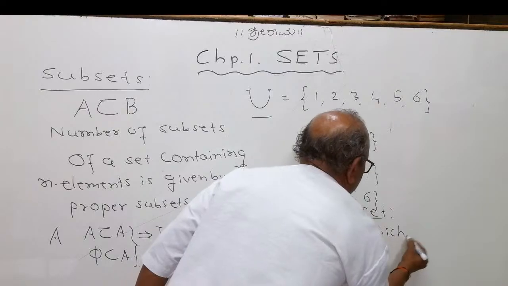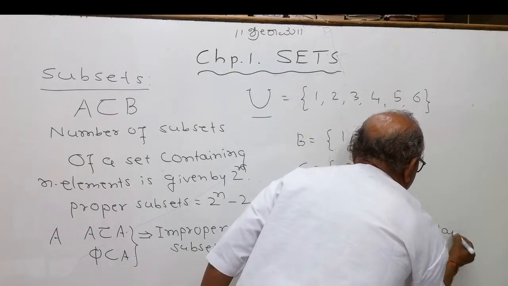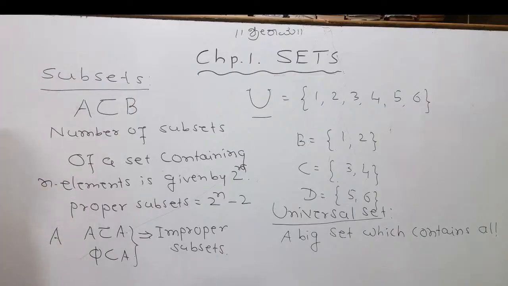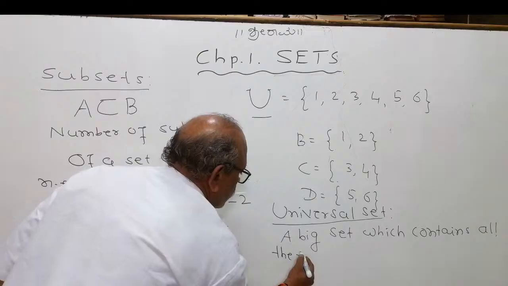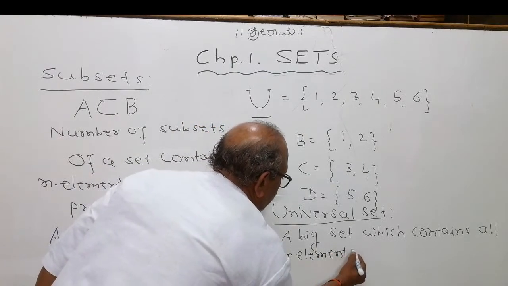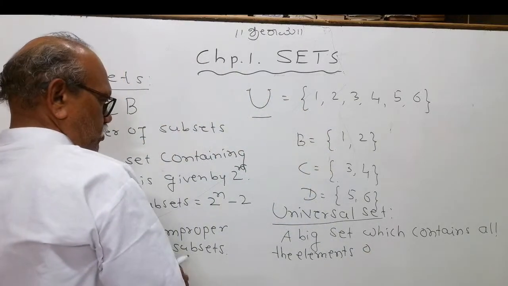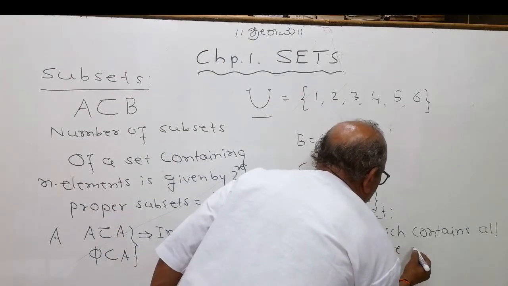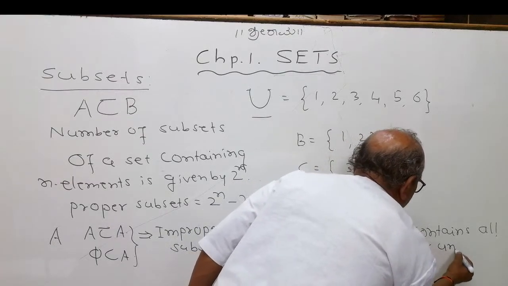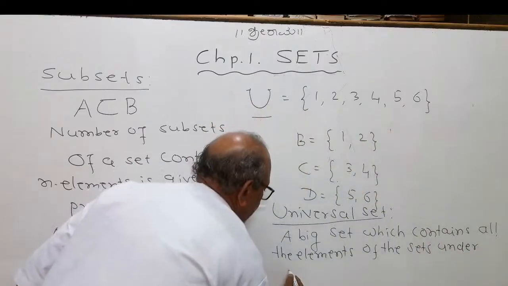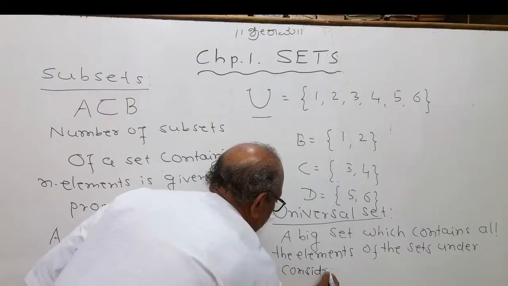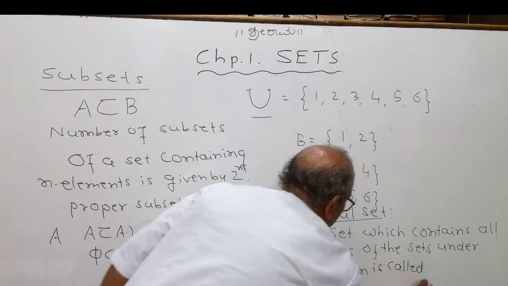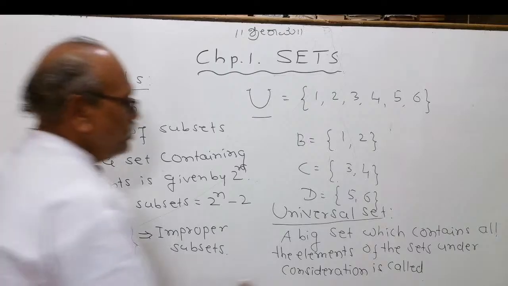a big set which contains all the elements of the sets under consideration is called the universal set.